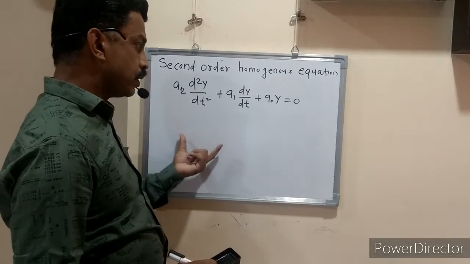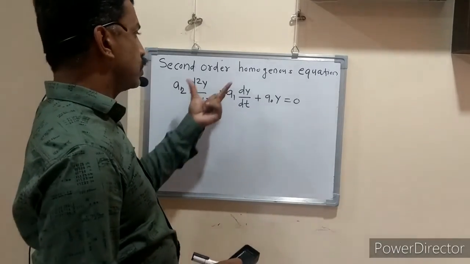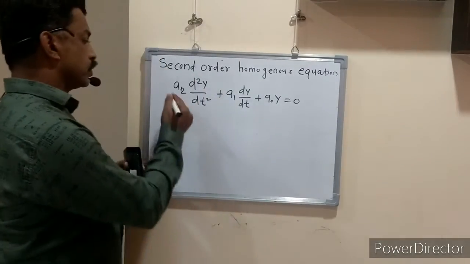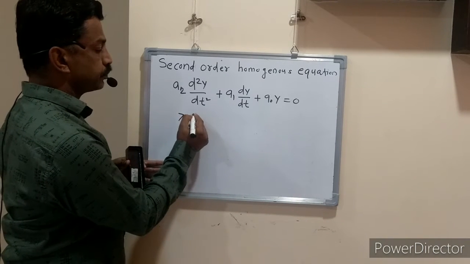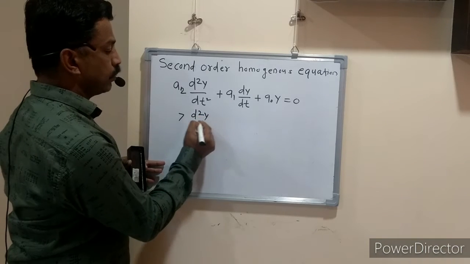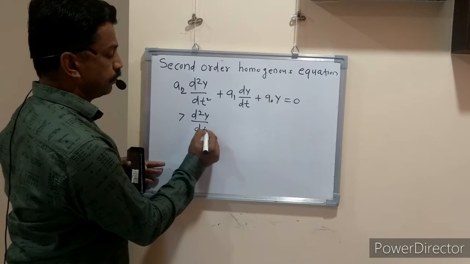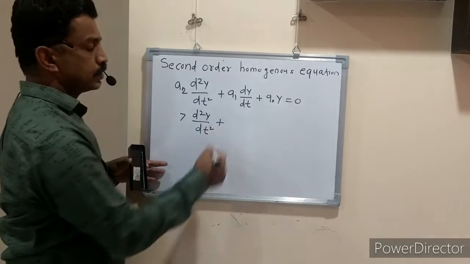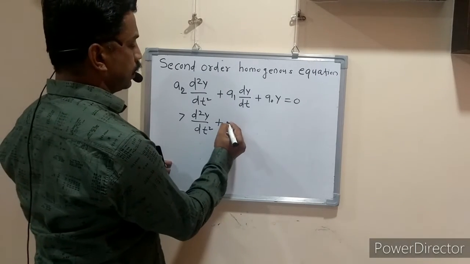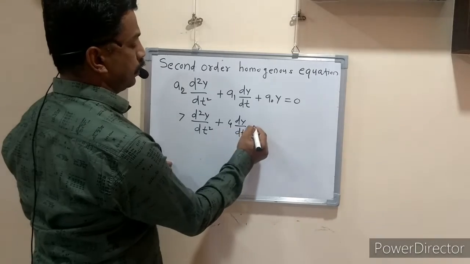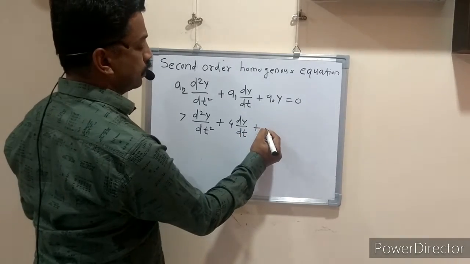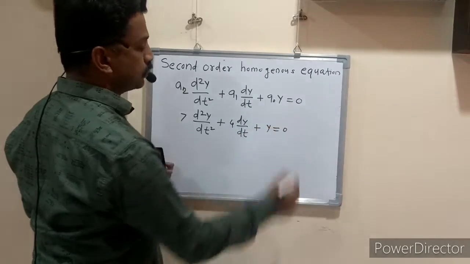Now the same equation we can write in terms of numbers, so you can easily understand. Instead of a2 you can write any number, like this 7 d2y by dt square, plus instead of a1 write any number, 4 dy by dt, plus here we write only y equal to 0.